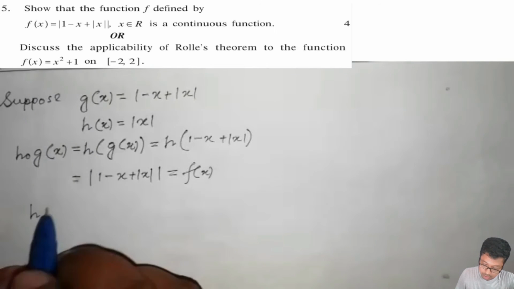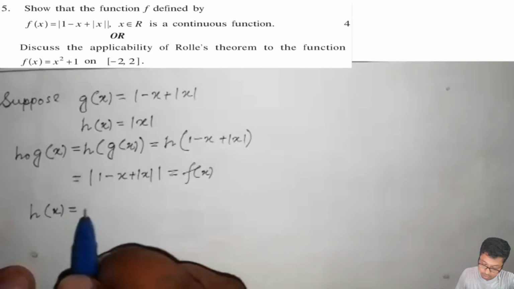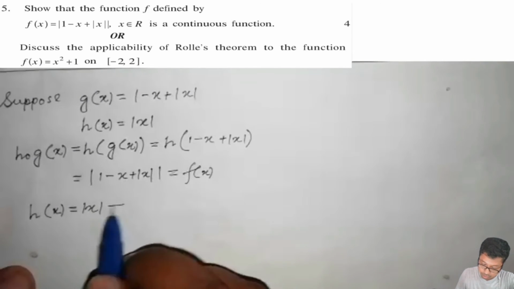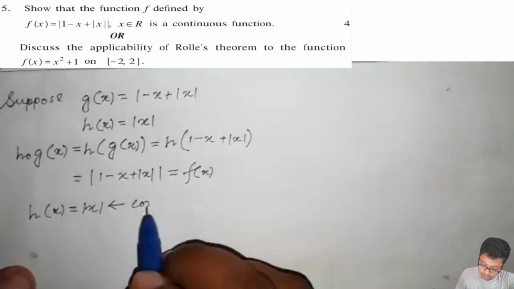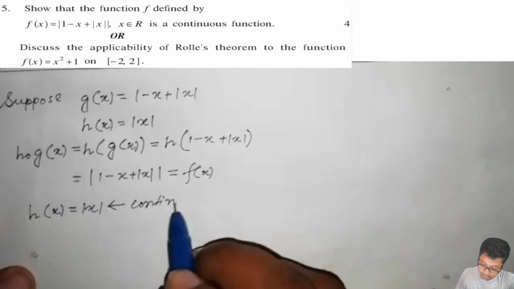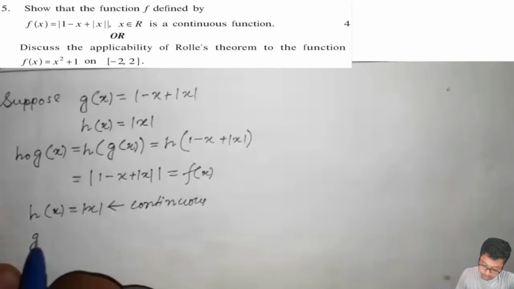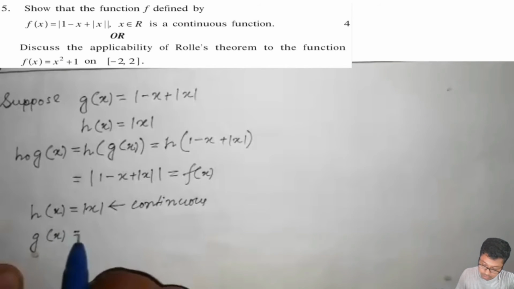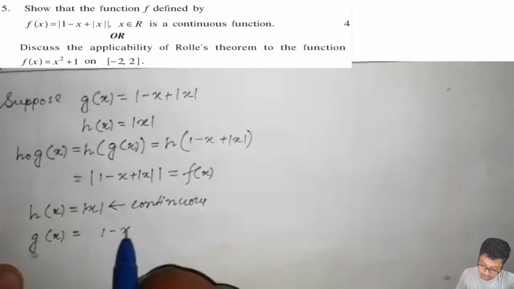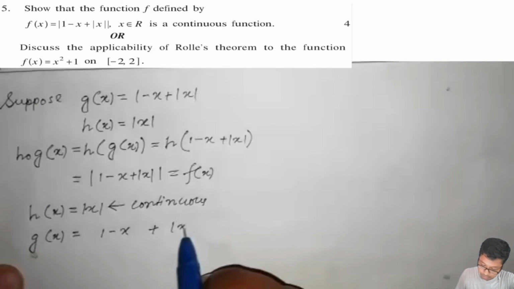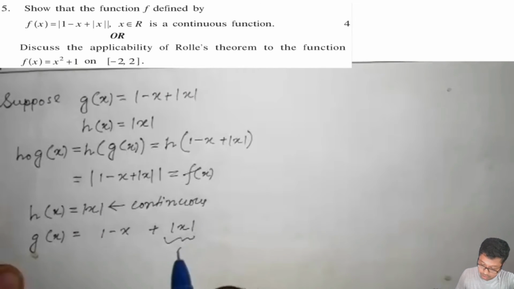Now our h of x is equal to modulus of x, so this is a continuous function. Now let me see g of x as 1 minus x plus modulus of x. This is already continuous.